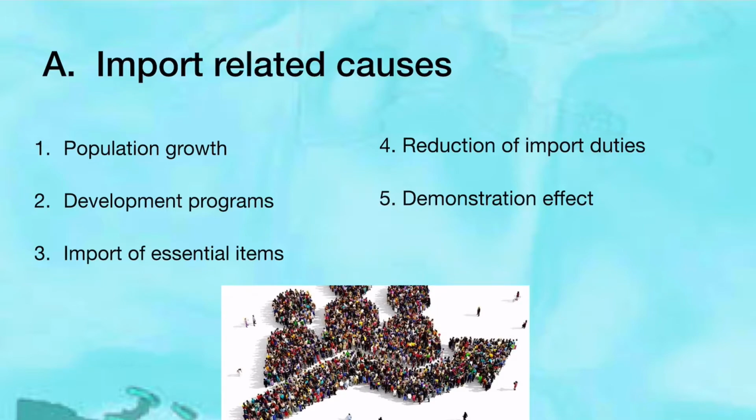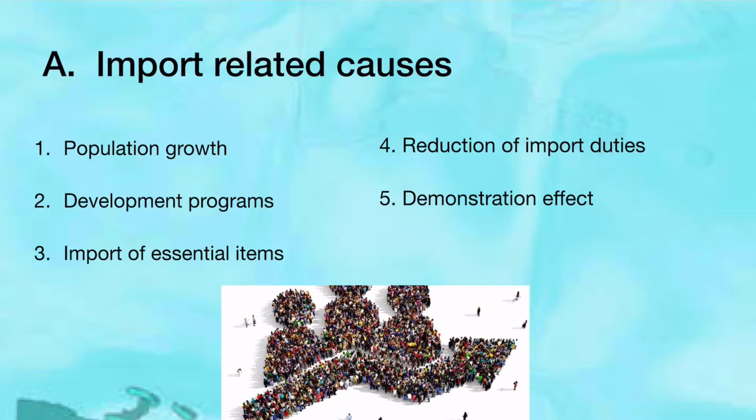In order for these programs to be executed, again you will be depending upon imported goods, such as raw material, technology, equipment, machinery, etc. As a result of these development programs, imports will increase year by year, which causes deficit.